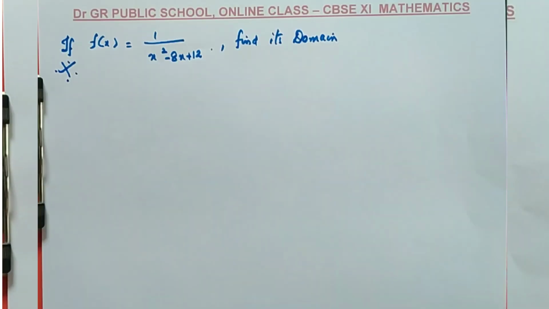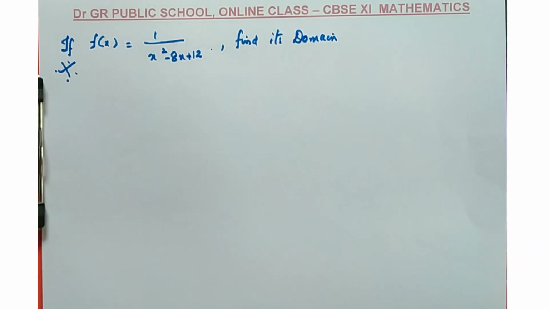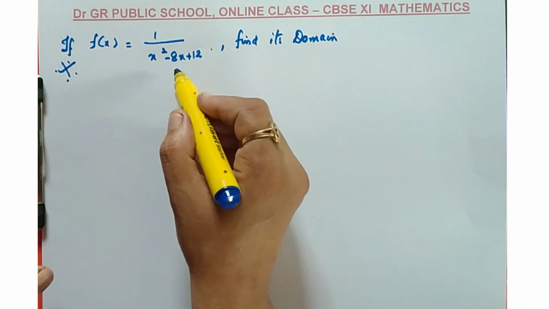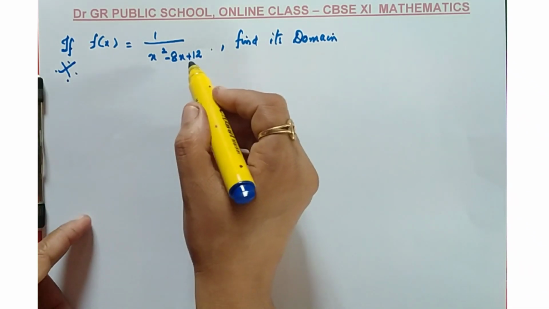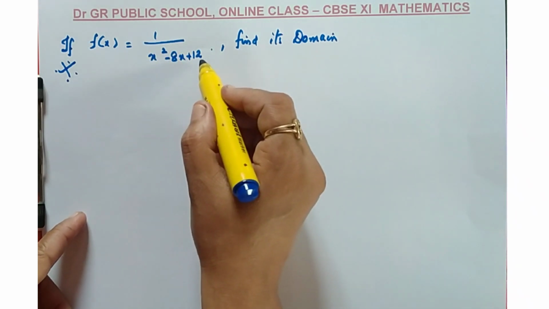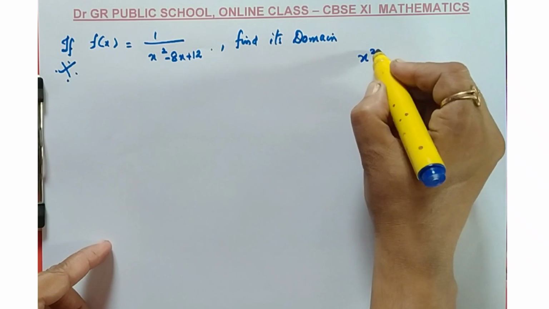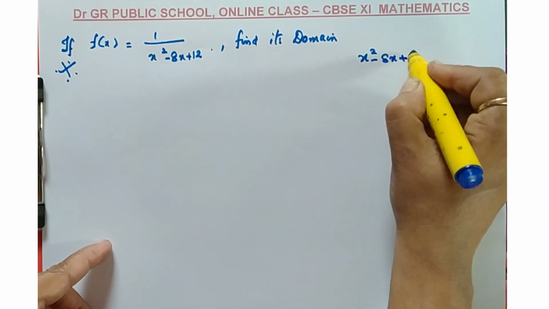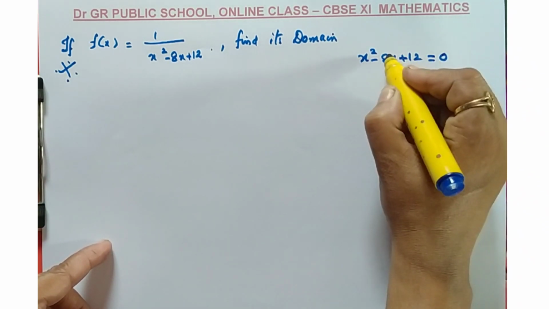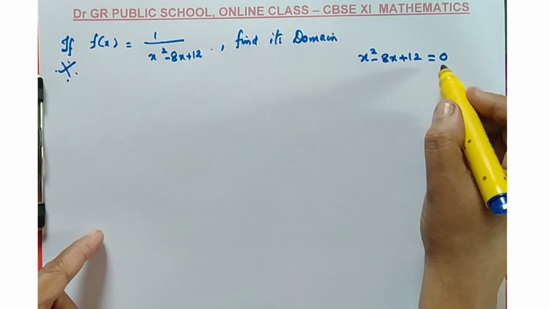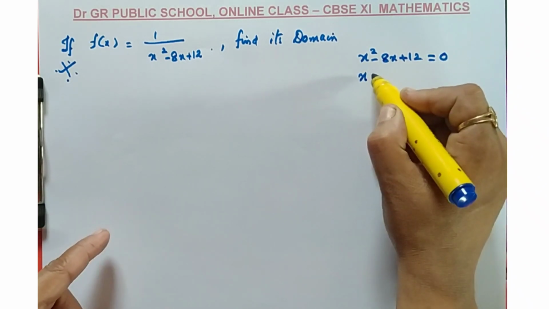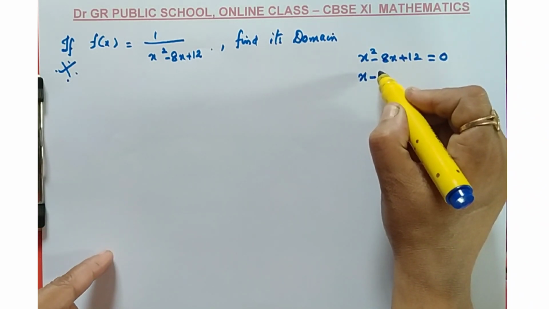Come to another question. Here also, if the given function consists of a denominator, you need to think which are the values which make the denominator 0. We can check when x square minus 8x plus 12 becomes equal to 0. To know the zeros, you have to use the linear factor method for the quadratic equation.